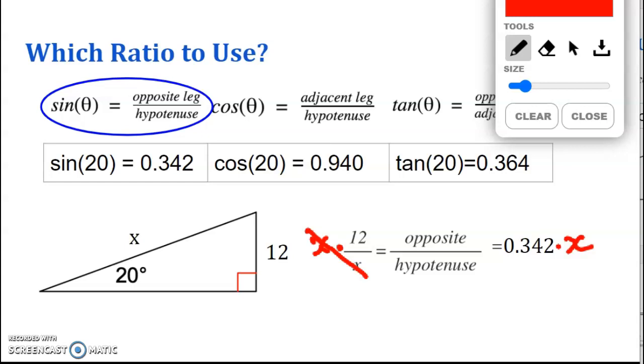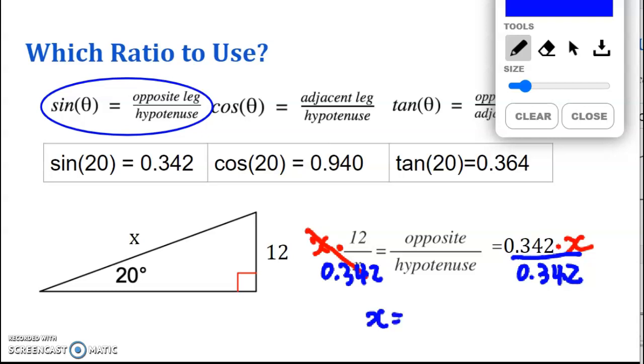0.342x. So from here, you are dividing both sides by 0.342. So 12 divided by 0.342 is x.